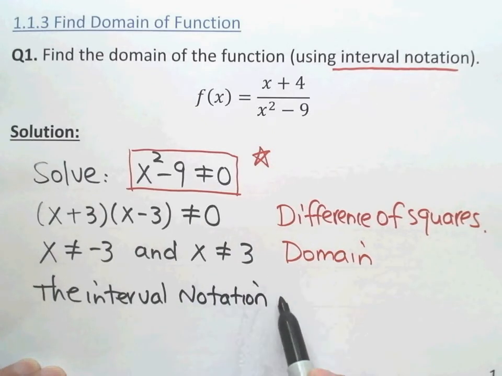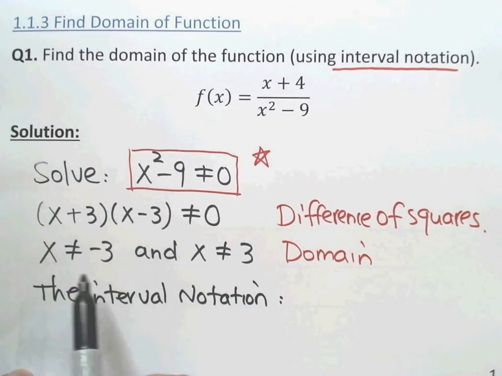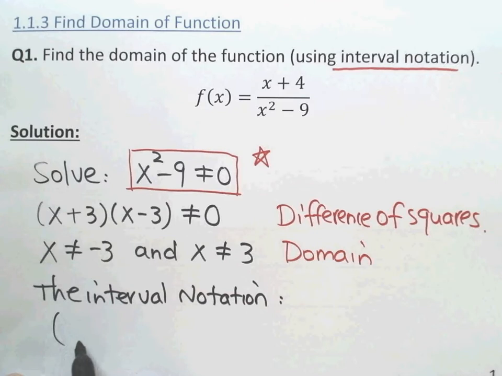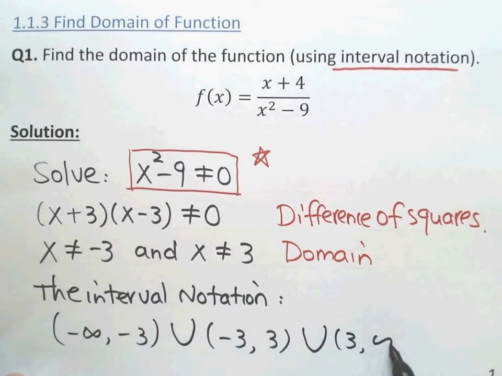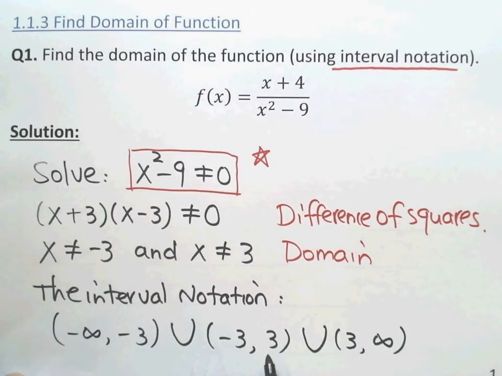All the real numbers except the two numbers, negative 3 and 3, which means negative infinity to negative 3, union negative 3 to 3, union 3 to positive infinity. We use a parenthesis, which means this is an open interval and does not include this number.